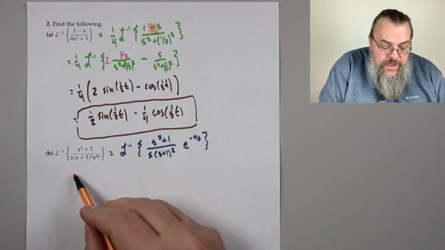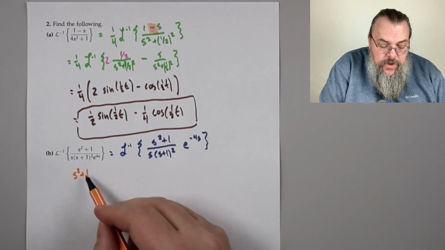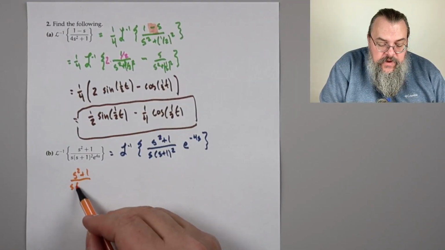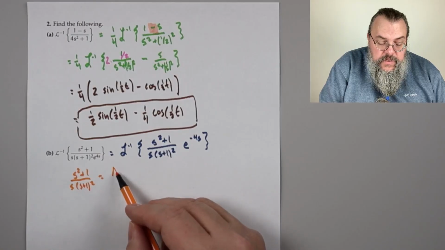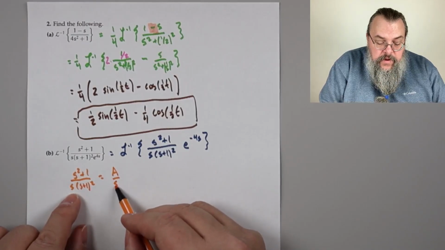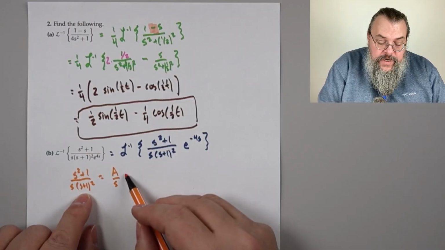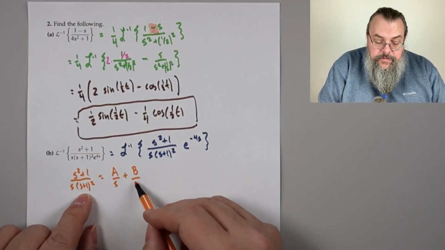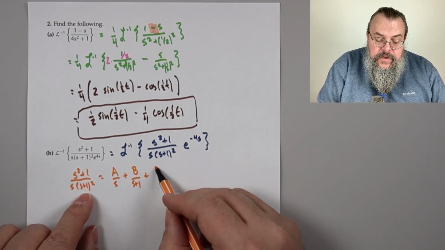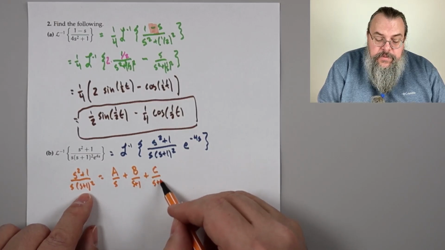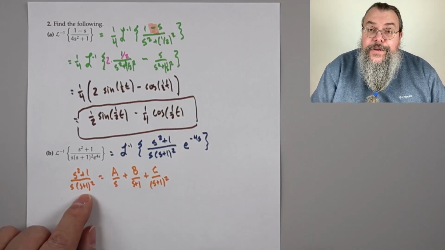So this would be s squared plus 1 over s times s plus 1 squared. Well, something over s. Now here we have s plus 1 squared, so we've got to build up to it. Something over a single s plus 1, and then something over s plus 1 squared.